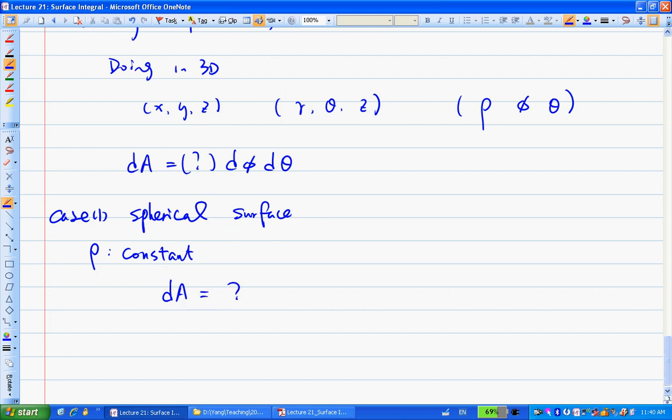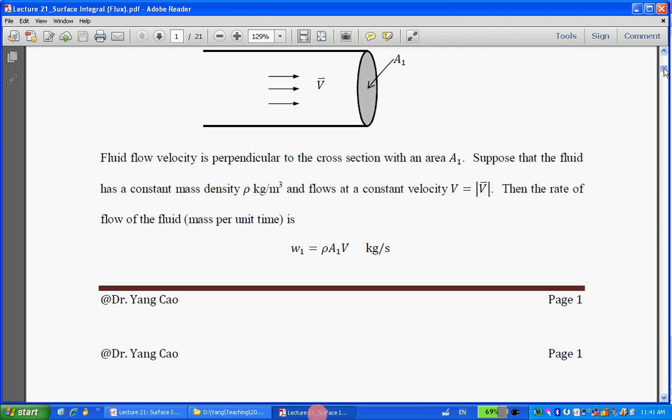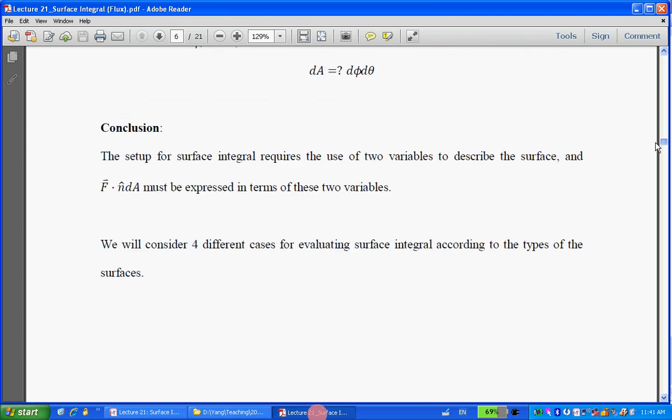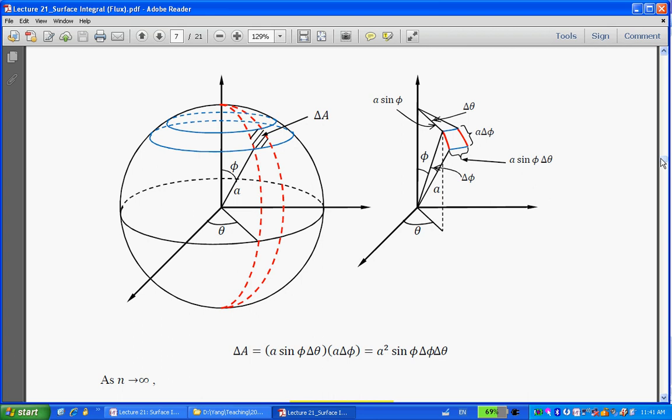If I draw something out, I'll show you what it is, but I'm not going to draw it here. I think this is not that important. Here's a surface. We're looking for a small area on the surface of the sphere. How do I properly represent this small area using the variables phi and theta and the radius a?